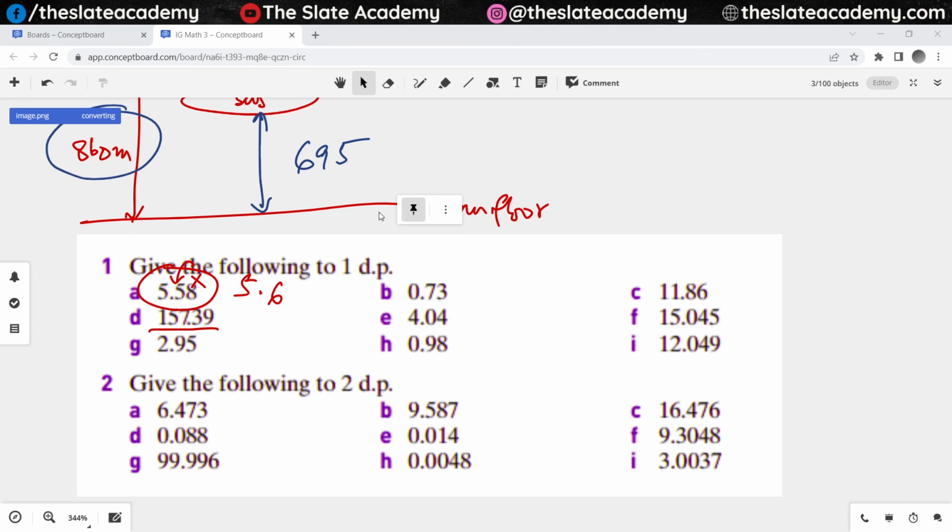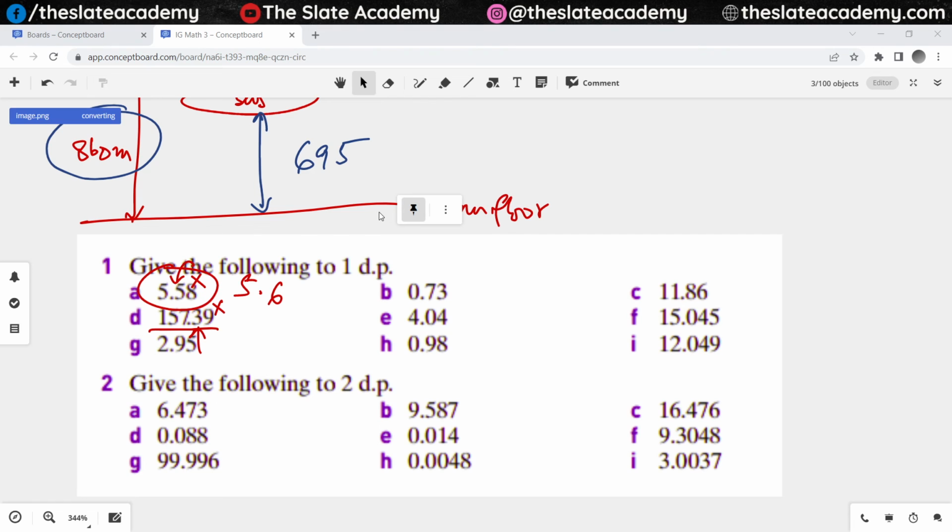Similarly, for 157.39, what would it become? We are allowed to keep one digit after the decimal, so we have to get rid of this 9.